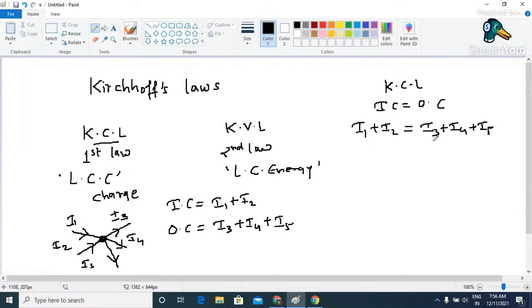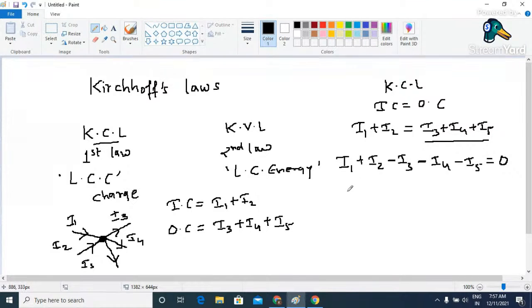Or I may shift this entire outgoing current to the left hand side. So the equation is I1 plus I2, then we need to take minus of I3, minus of I4, minus of I5, equal to 0.